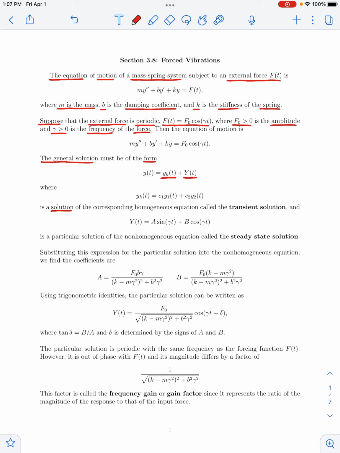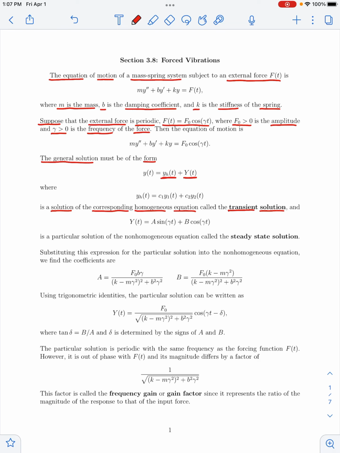So this is our homogeneous solution, or solution of the corresponding homogeneous equation. And when we talk about mass spring systems, the homogeneous solution is given a particular name. It is called the transient solution. And we'll see in this section why we call it a transient solution.